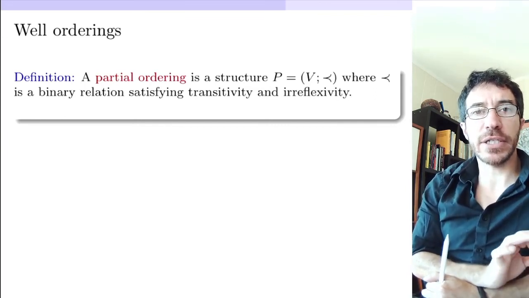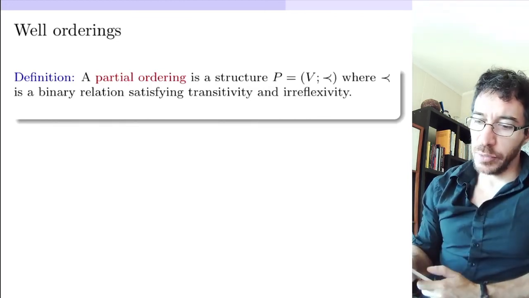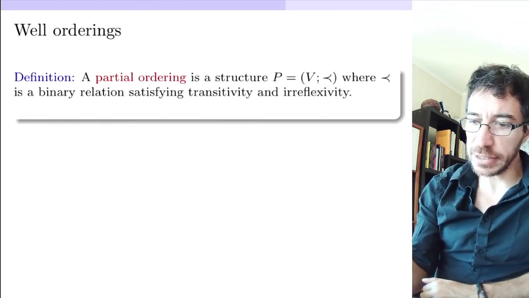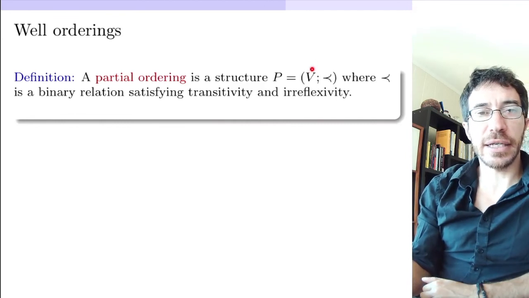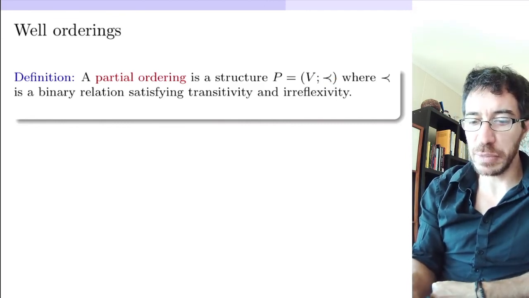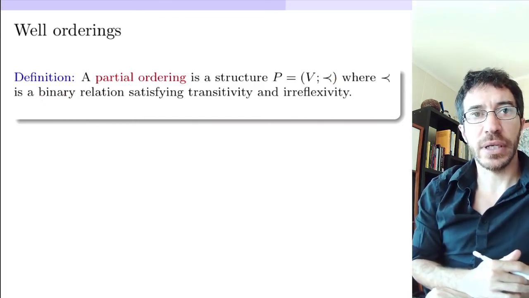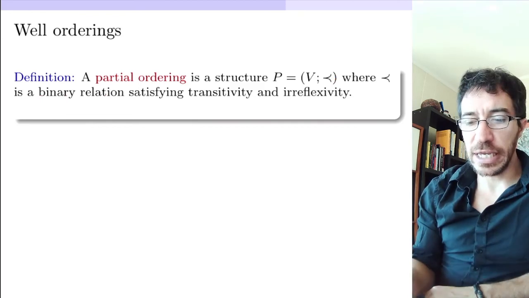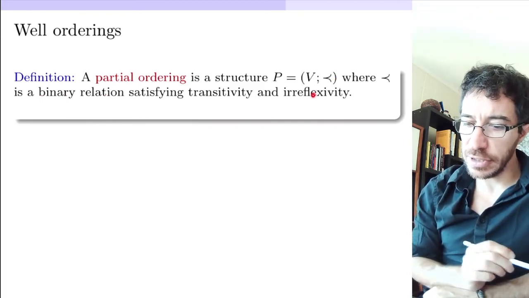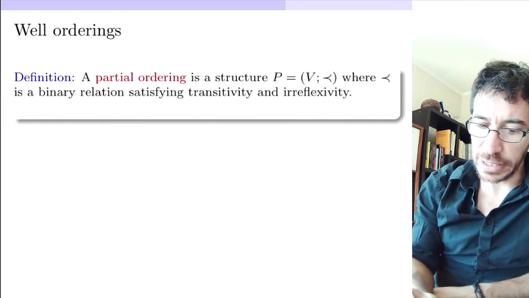First, a partial ordering is a structure with domain some set and a relation on it. So this is a binary relation, so that means it takes two elements and tells you whether the relation holds or not of those two elements. And the relation must be transitive and irreflexive. So let's review what those are.